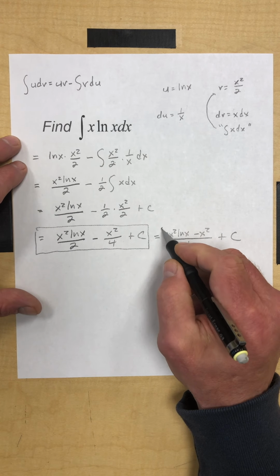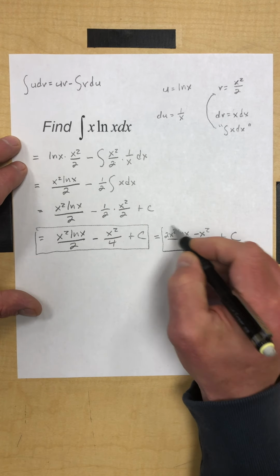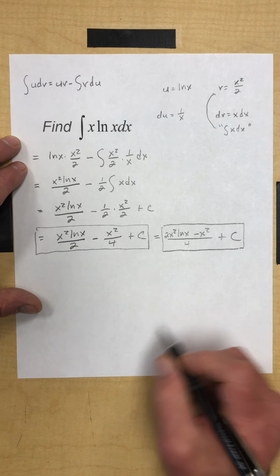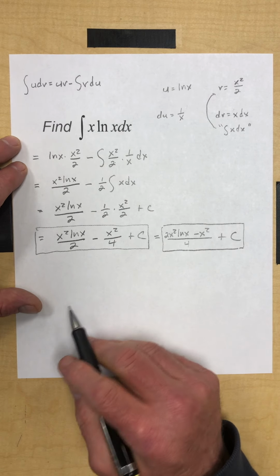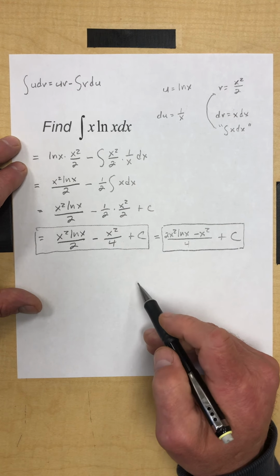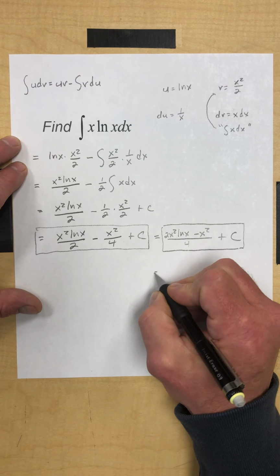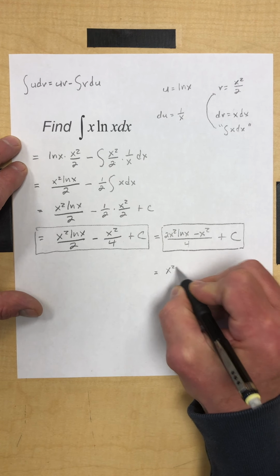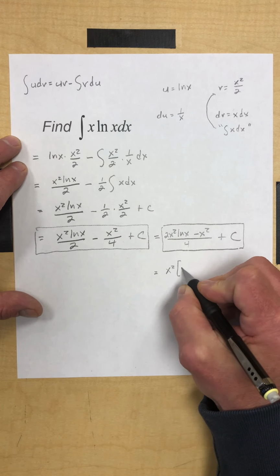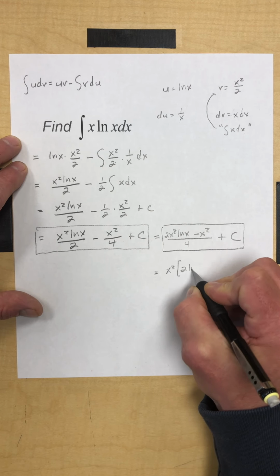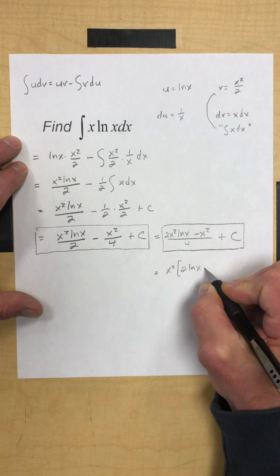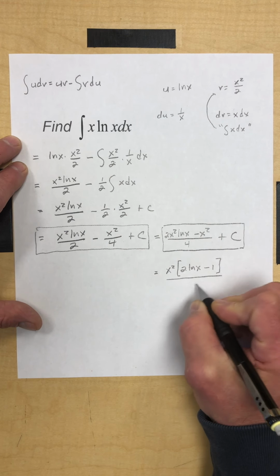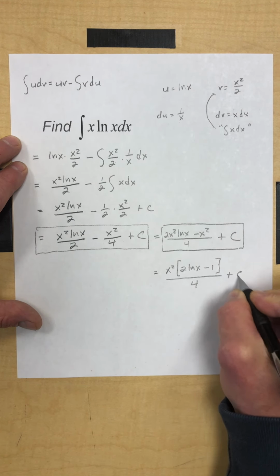That would be another acceptable form of the answer. The only other thing I thought of is, notice you do have a common factor of x squared up above in the numerator, so you could pull that out if you wanted to. Factor out the x squared, and you'd be left inside with 2 times the natural log of x minus 1, all over 4, and then plus your c.